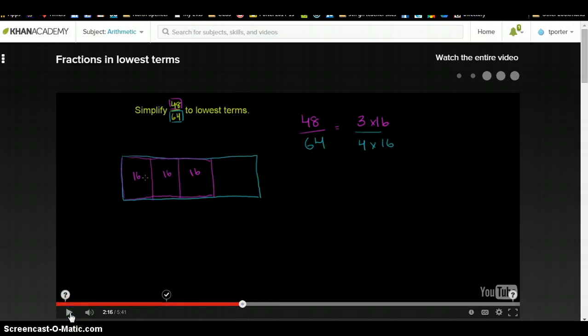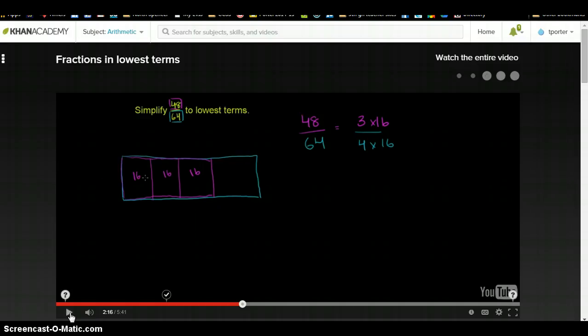Okay, understand what he's illustrating here? If this whole rectangle represents the whole number 64, three parts of it, 16, 16, and 16, represent, what number are we representing right here? In the purple? 16. Now, if you take all 3 16s, what number is that? 48. That's your 48 right there. 3 16s are 48.